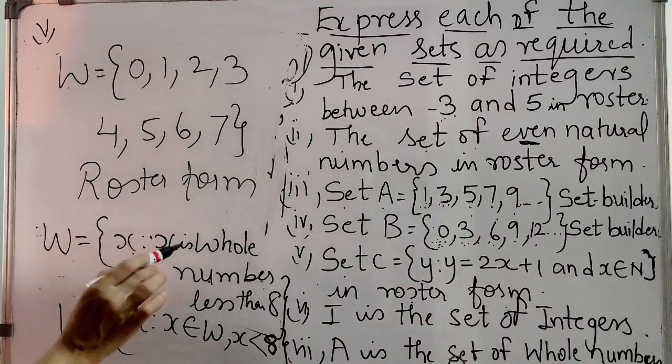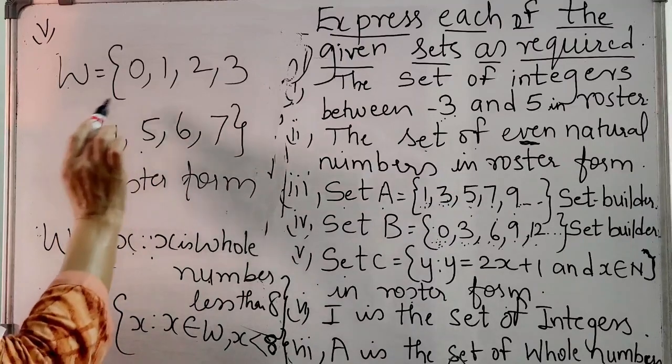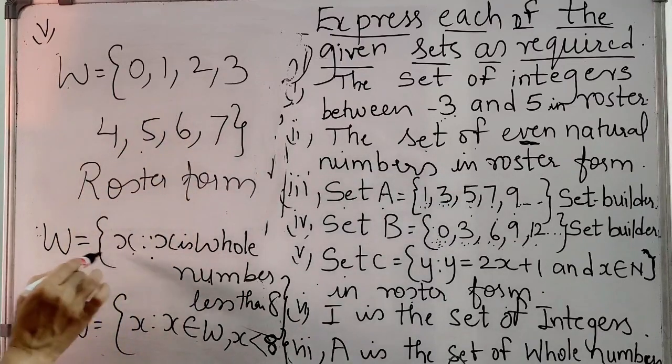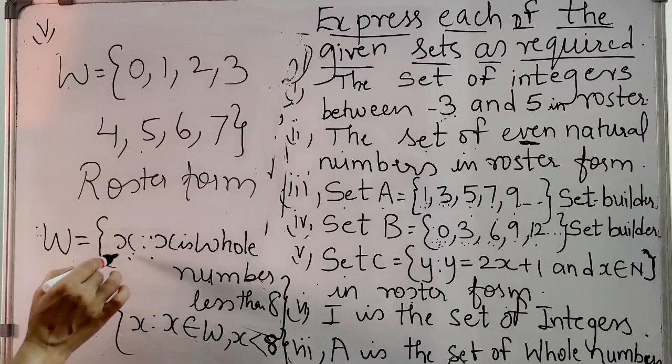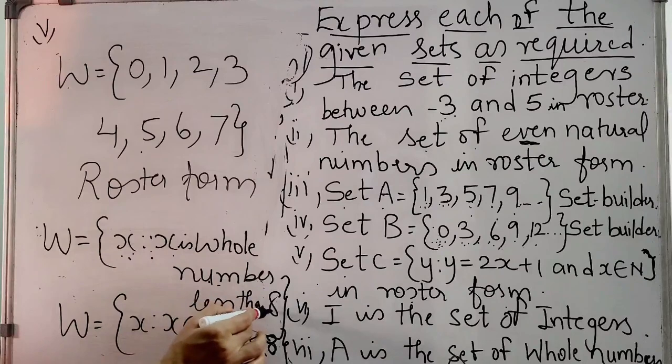So these two forms are set builder. This is roster or tabular form. That is, you write the numbers, then you write it in set builder form. That is, x is such that x is a whole number less than 8. In words you write, or you write x such that x belongs to whole numbers and x is less than 8.